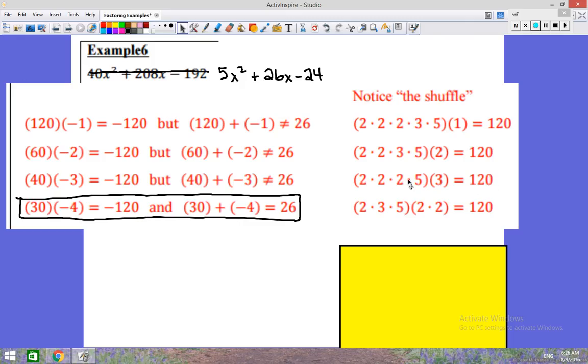But of course, when I added those together, I didn't get 26. And here, this is the right shuffle, the right combination of these prime factors that I needed. 2 times 3 times 5, 2 times 2. The 2 times 3 times 5 was the 30. 2 times 2 is 4. And the difference of that gave me the 26.